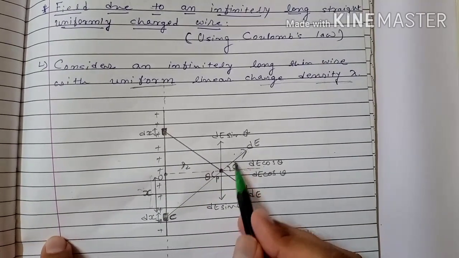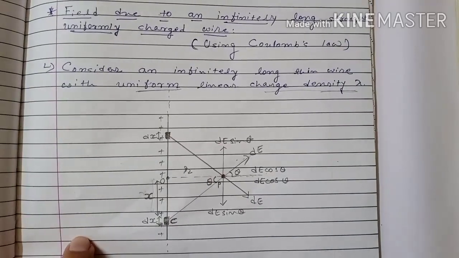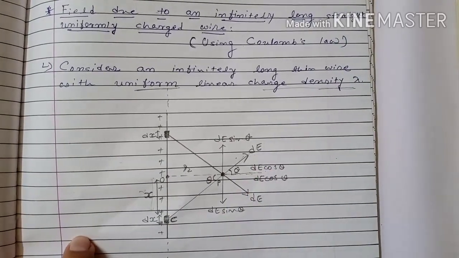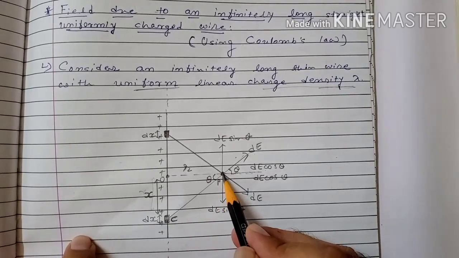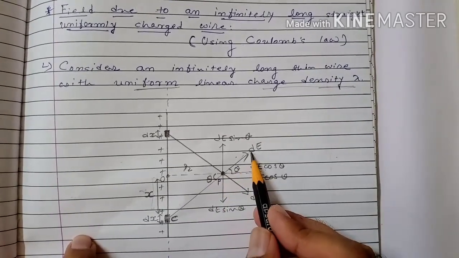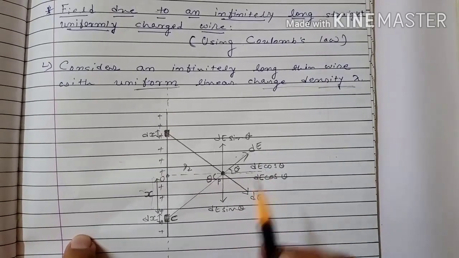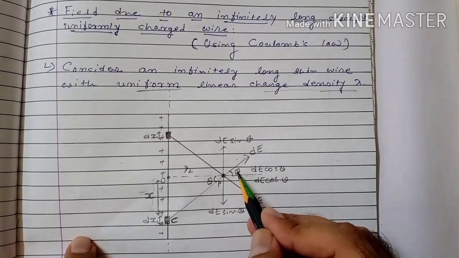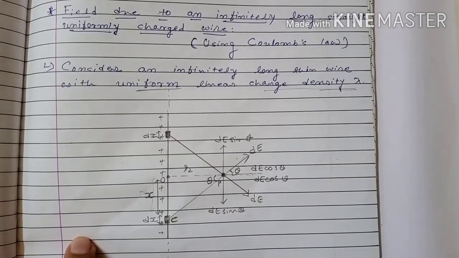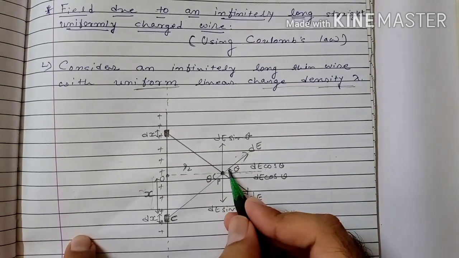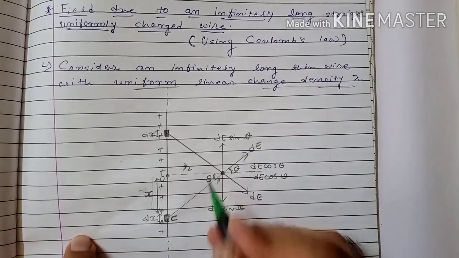With that, dE makes an angle theta. Therefore we can resolve this dE into two components: perpendicular component and parallel component. First, the component of dE adjacent to theta, that is dE cos theta. The component of dE opposite to theta, that is dE sin theta. If this angle is theta, then this angle will also be theta.